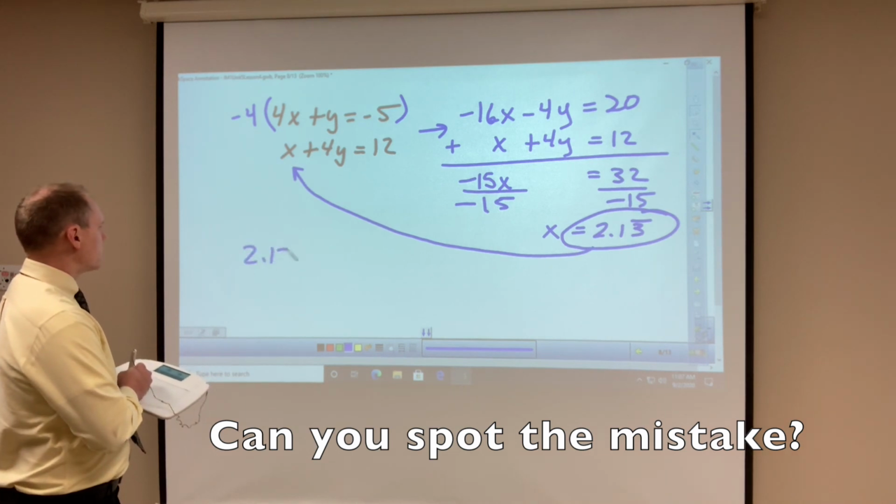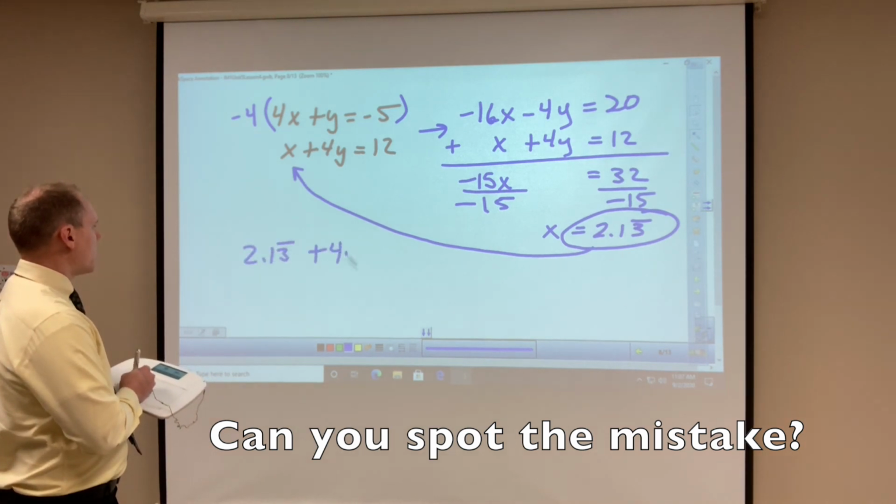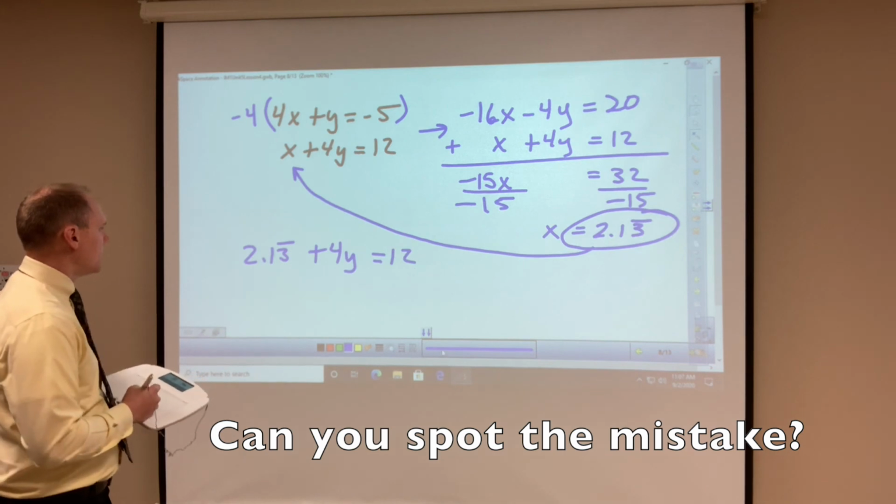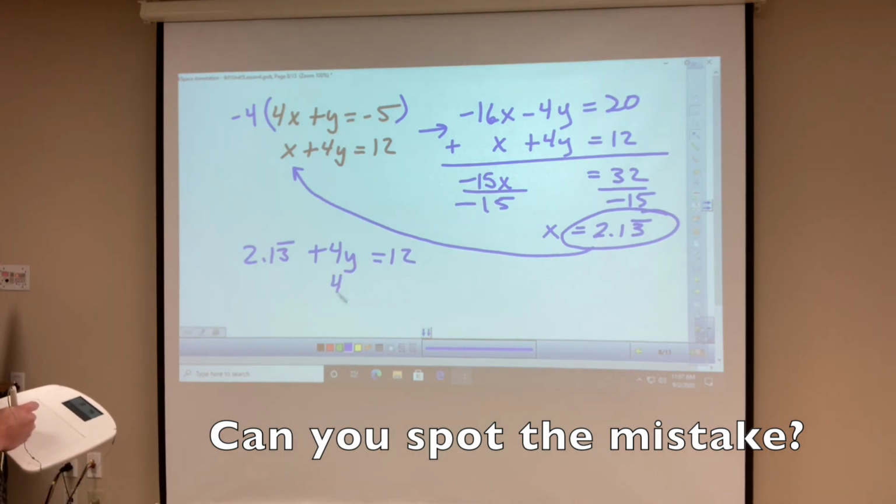Then you can substitute 2.13 repeating for the x. I'll go here. So 2.13 repeating plus 4y equals 12. And we can solve for the y value. So we're going to subtract 2.13 repeating from both sides.